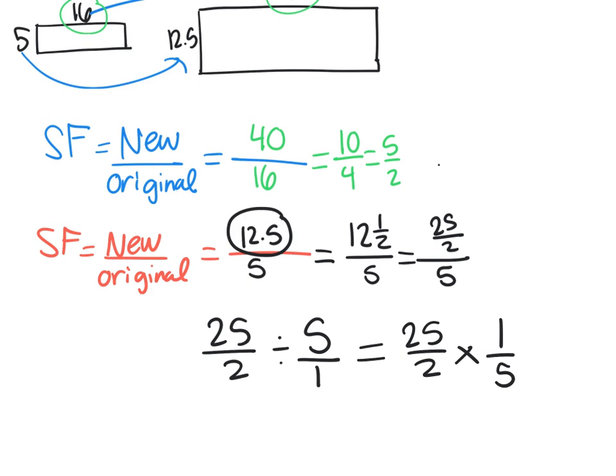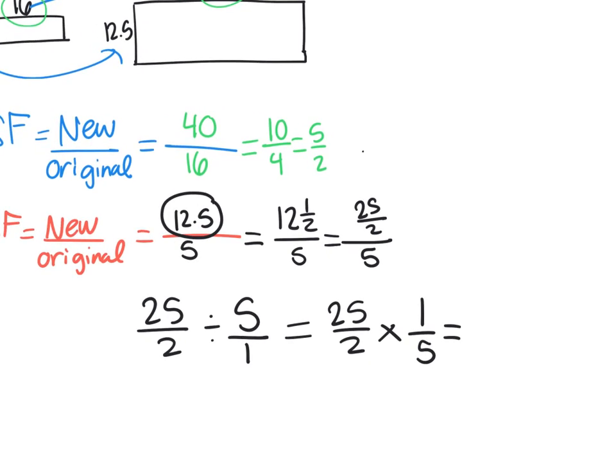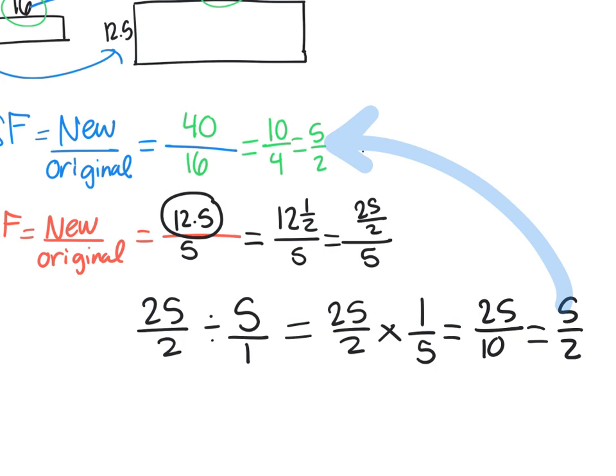I'm going to change that divide to a multiply sign. So whenever I simplify this, 25 times 1 is 25. 2 times 5 is 10. And this reduces to, 5 can go into both of those, 5 over 2, which is the same thing as what I found for my scale factor earlier using my other two side lengths.